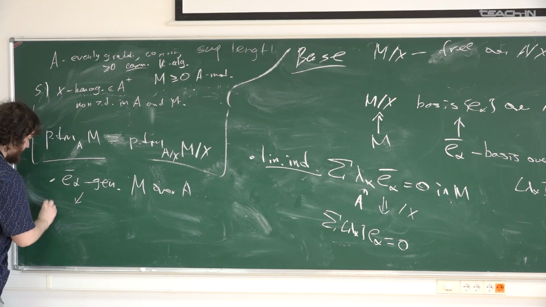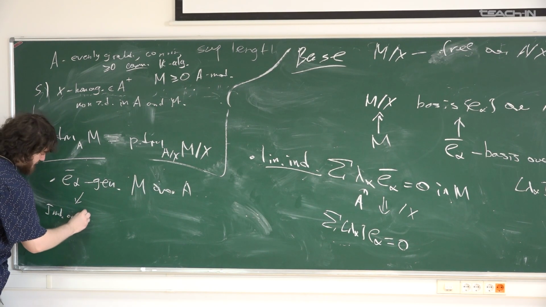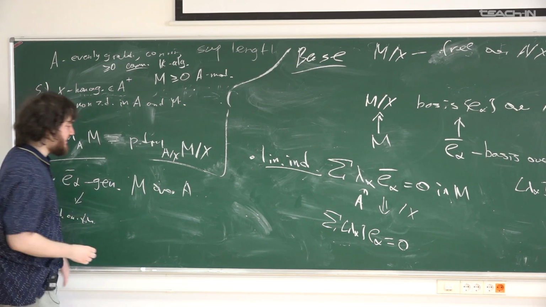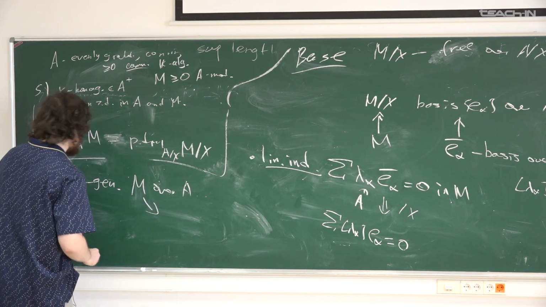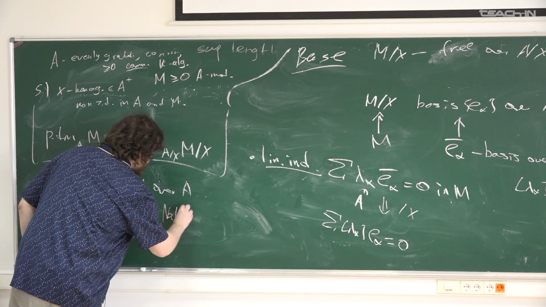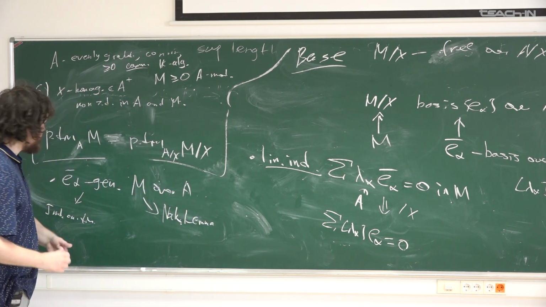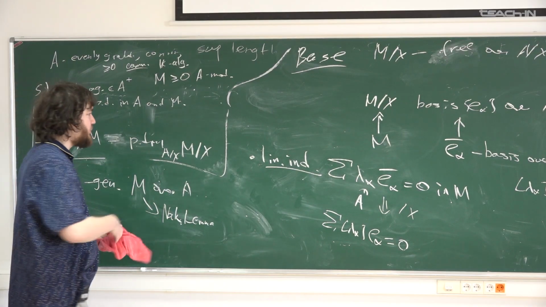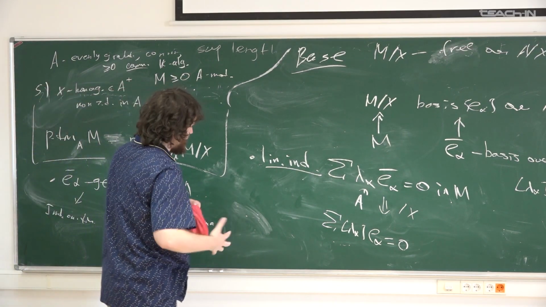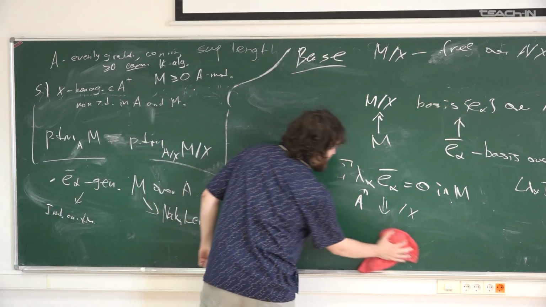For example, induction on dimension. Or by Nakayama lemma. Let me check this by Nakayama lemma. For example, by definition, that modulo x is a basis, or in particular modulo x is generators.